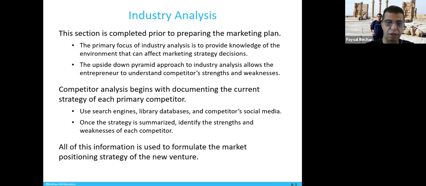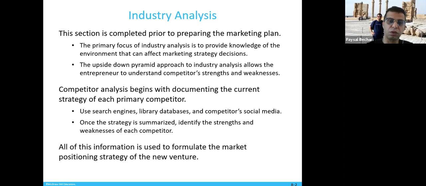You do a competition analysis of, say, the top four or five, and you use their search engines, see their library database, and look at their social media and what they're doing. Once the strategy is summarized, identify the strengths and weaknesses of the competition. Why do we want to do that?